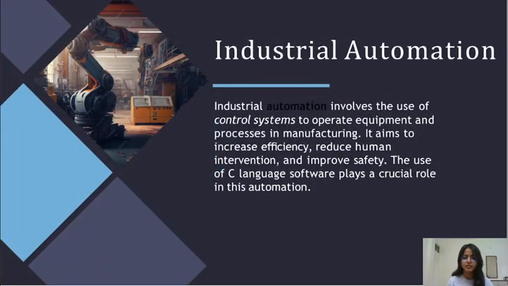Industrial automation. Industrial automation involves the use of control systems to operate equipment and process in manufacturing. It aims to increase efficiency, reduce human intervention, and improve safety. The use of C language software plays a crucial role in this automation.